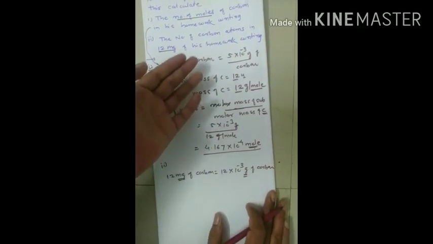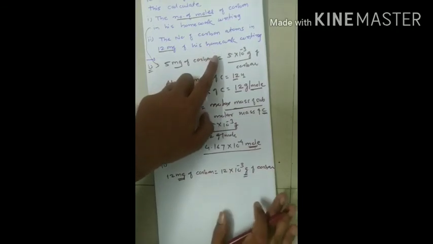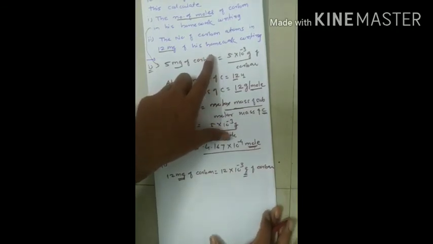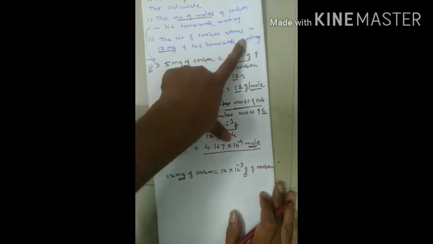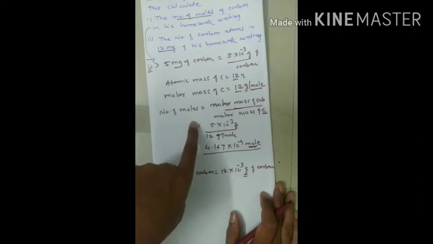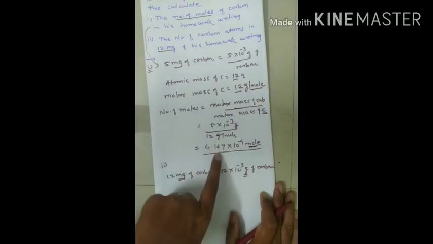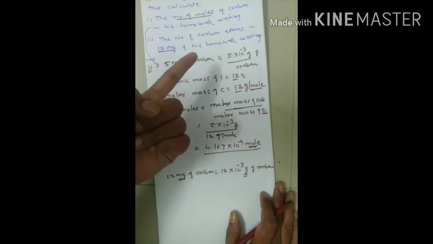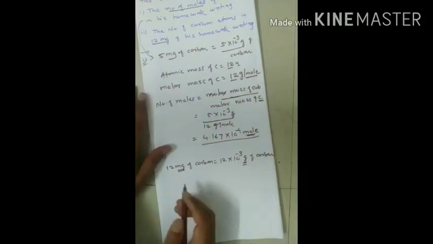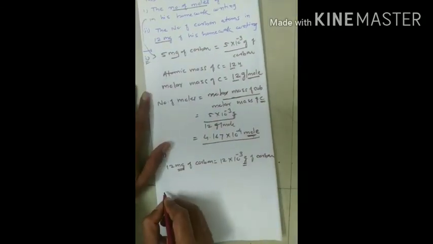It is the same kind of problem we previously solved. Such types of problems get repeated, so we will discuss it once more. To find the number of atoms, firstly we have to find the number of moles, and when we multiply the number of moles by the Avogadro constant, we get the number of carbon atoms. So first I have to calculate the number of moles.